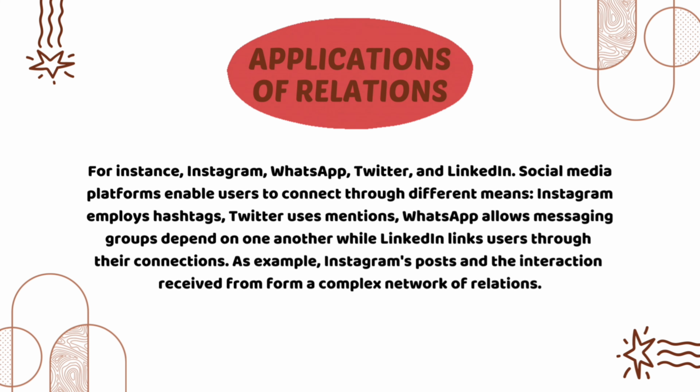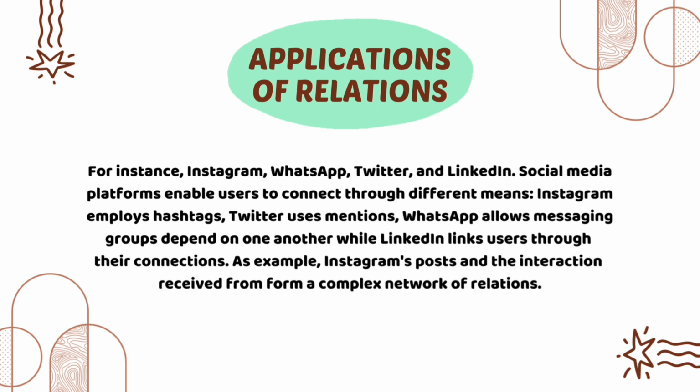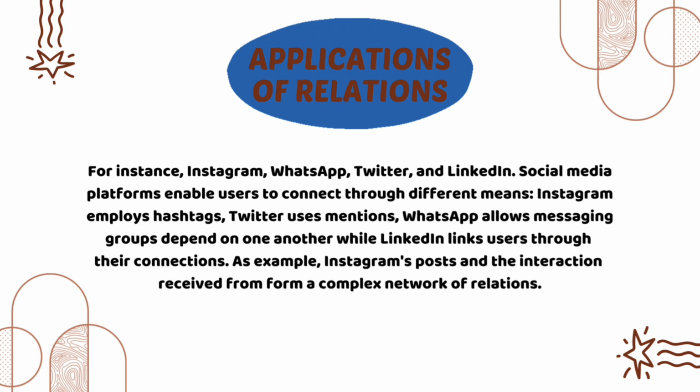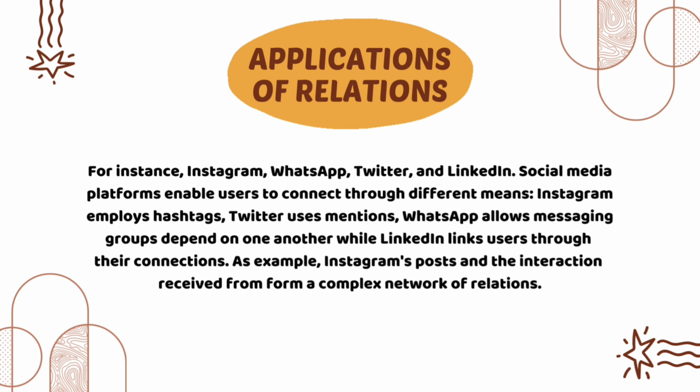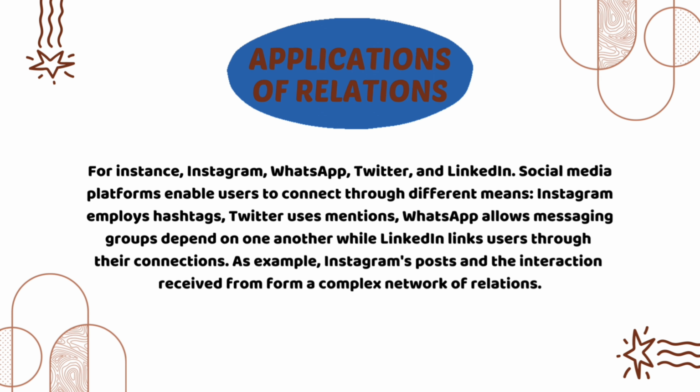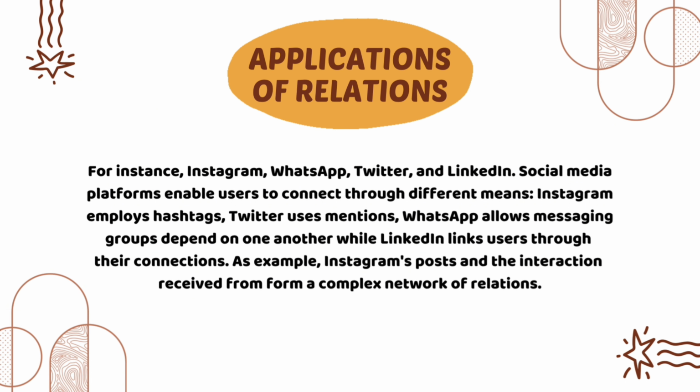Instagram employs hashtags. In discrete mathematics, this can be seen as creating an equivalence relation where posts are grouped into equivalence classes based on shared hashtags. Twitter uses mentions, which can be modeled as directed edges in a graph, where a mention creates a directed relationship from one user to another.